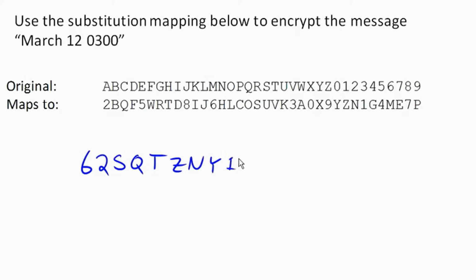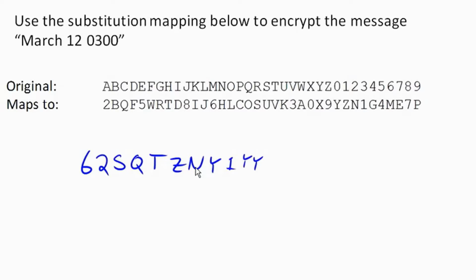And 0 maps to Y. And there is our encrypted message using this cipher. And of course, again, we could chunk it out if we wanted to, add some spacing.